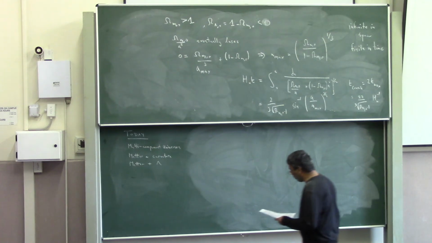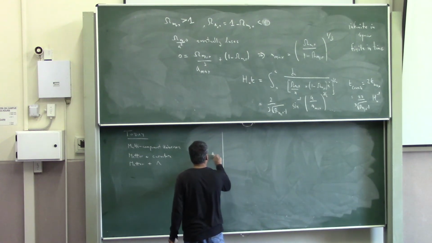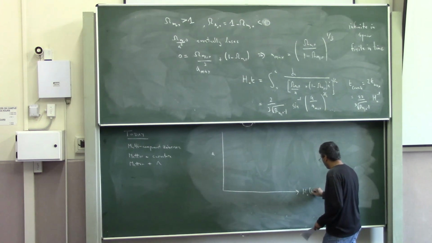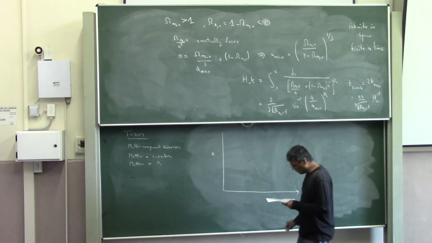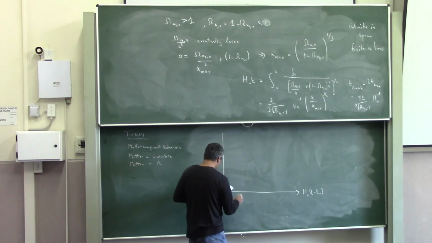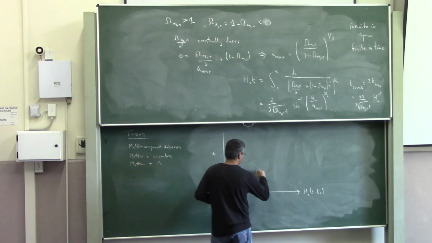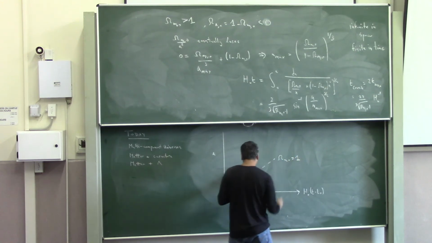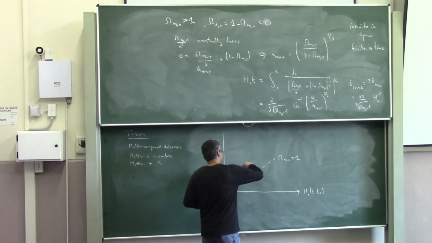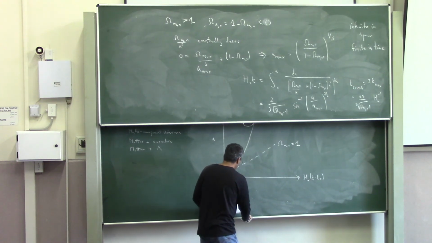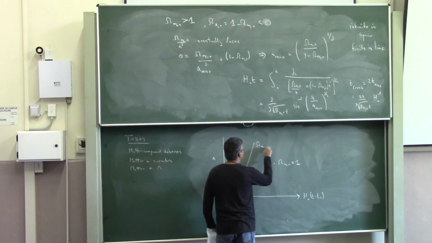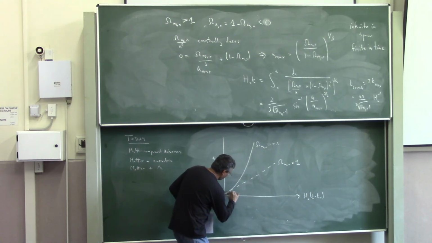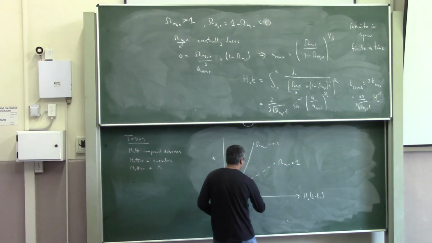So again, we can plot what happens. We plot the scale factor a against H0 t minus t0 if omega m0 is equal to 1. This is what happens if omega m0 is less than 1, and if omega m0 is bigger than 1, this is omega m0.